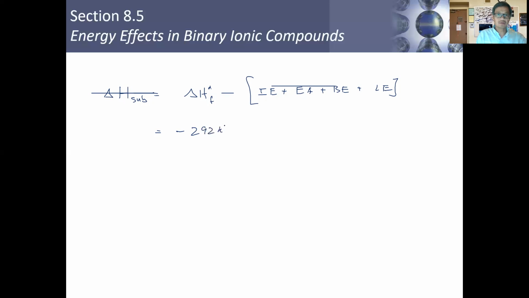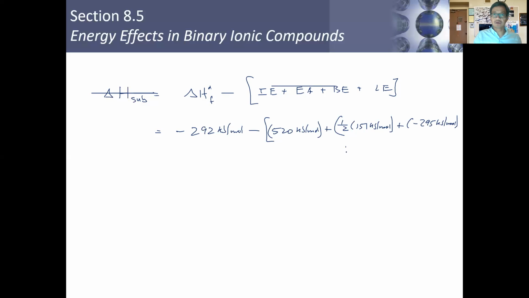That's going to be minus 292 kilojoules per mole. We're going to subtract from that the ionization energy, which is positive 520 kilojoules per mole. We're going to add to that the bond energy, which is 1/2 of 151 kilojoules per mole. And to that we're going to add the electron affinity, which is negative 295 kilojoules per mole.